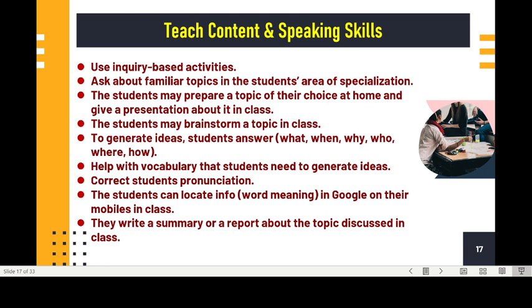The students can locate information in Google, on their mobile, in the classroom. And then at the end of the lecture, they have to go home with an assignment. They have to write a summary or a report about the topic discussed in class.